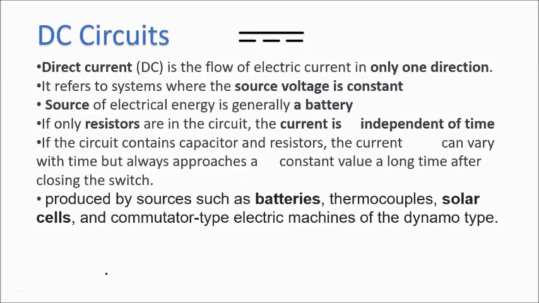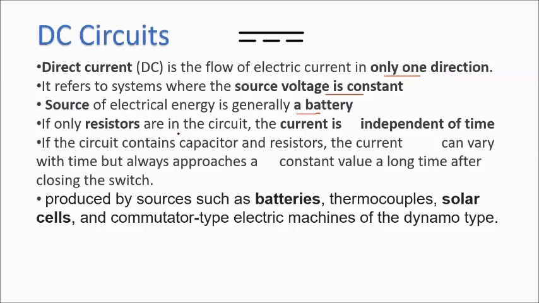Okay, let us recall DC circuits. Let's say DC circuits have DC voltage as the source, then the current produced is direct current. This is a flow of electric current in only one direction. The source is constant, in the form of a battery.